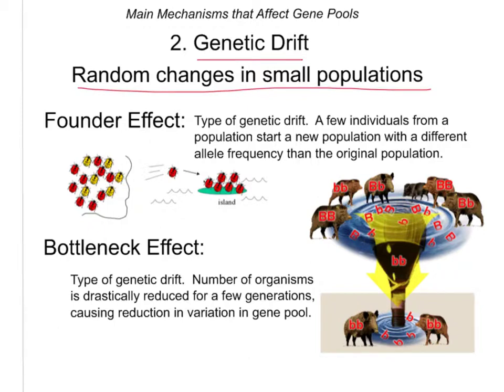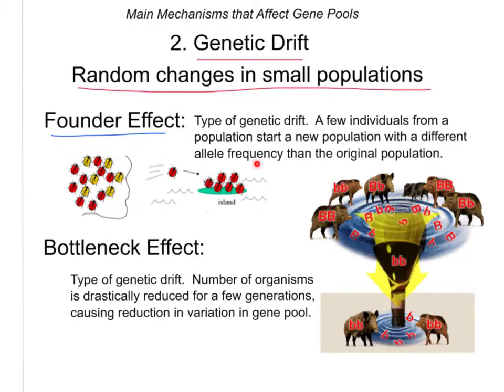There's something called the founder effect. That's one way that random changes can dramatically affect a small population. That is where we have a few individuals from a population. Here's our population of ladybugs. A few individuals go and start a new population.